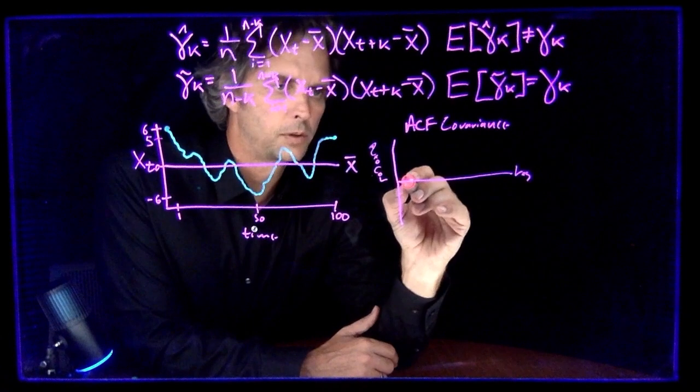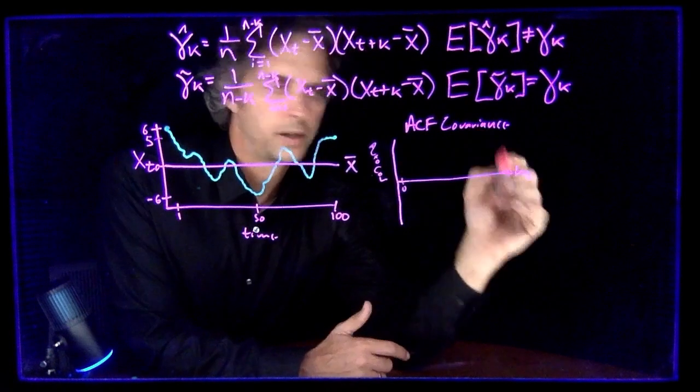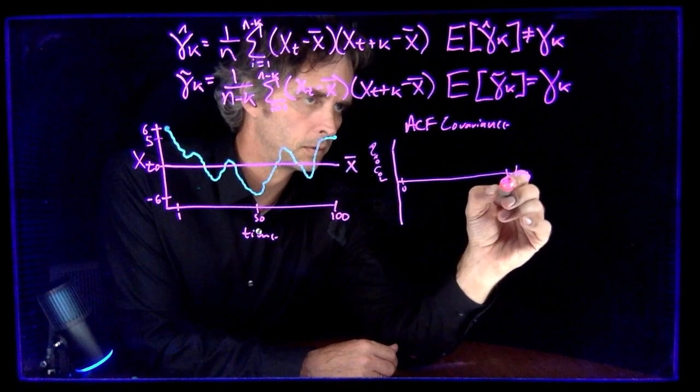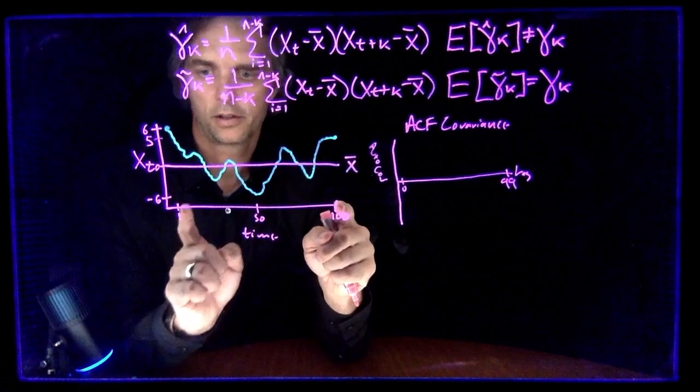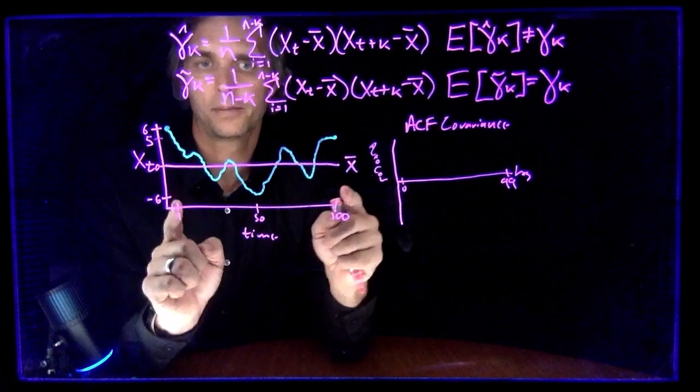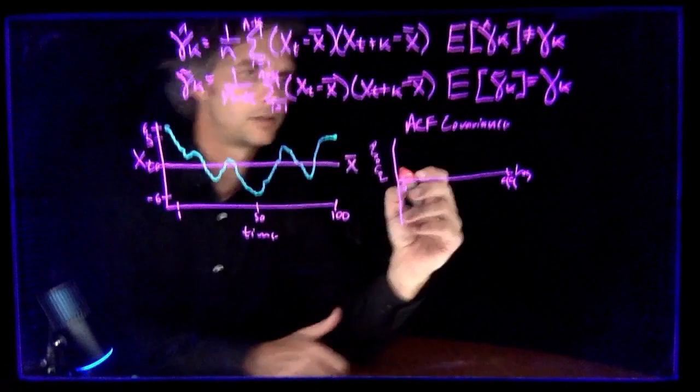The lag here will go from 0 all the way out to, we could go out further, but we're only going to be able to calculate out to 99, right? Because if we have observation 100 and observation 1, those are 99 apart. I can't calculate any bigger lags than that. So I've got 0 to 99.